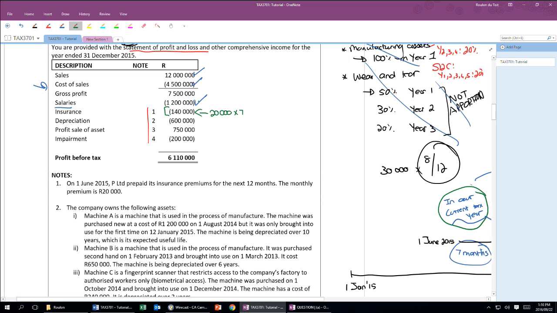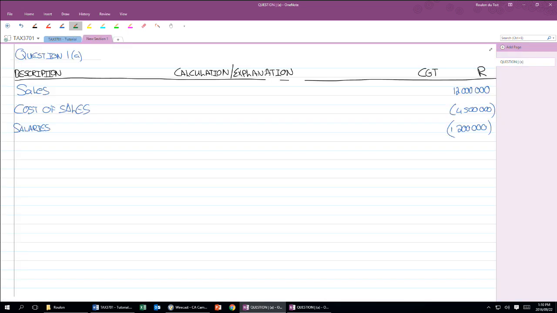They do not have to give you this sentence about the monthly premium being 20,000 rands. You would have to be able to tell that if that is 140,000 rands in the statement of comprehensive income, it means it is 20,000 rands a month. That is very, very, very important. So let's deal with this current year insurance. What I'm going to suggest we do is put down insurance over here.